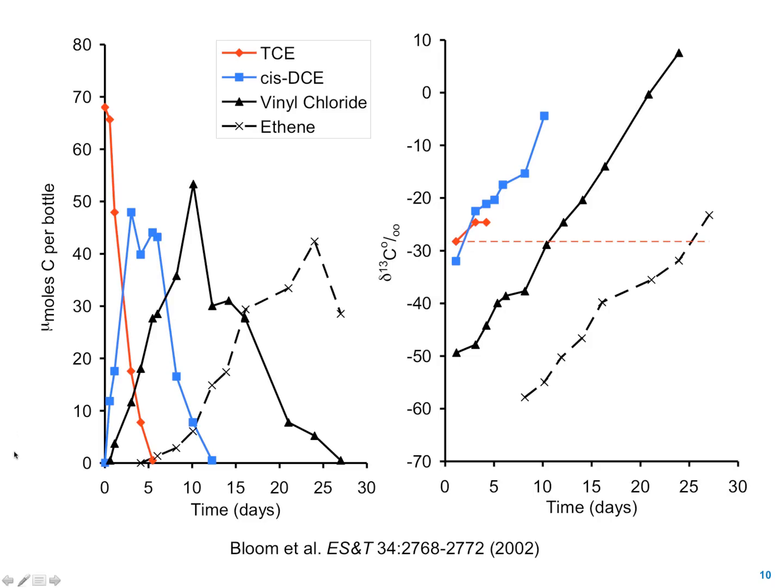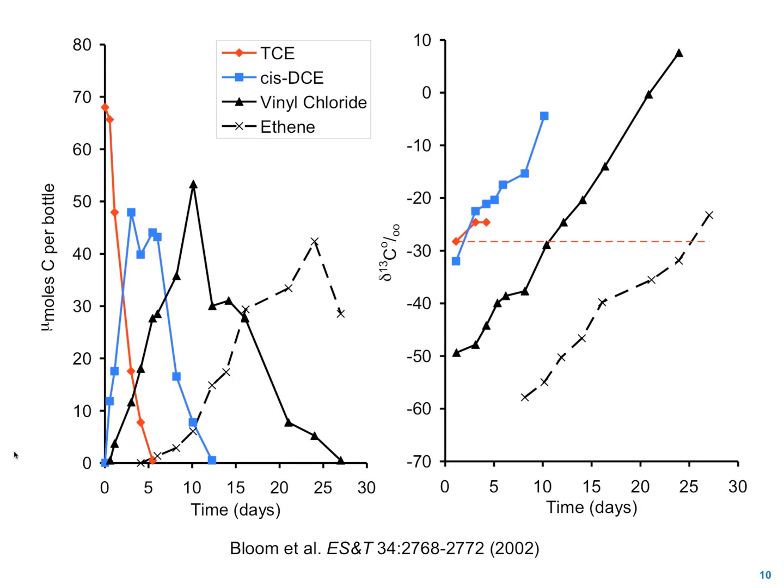On the right-hand side, you have the delta 13C per mil of those four compounds. And you'll see as they degrade, basically it moves up in the figure. The value for delta 13C becomes less negative. It becomes heavier, which is to say that it has more of a higher isotope in the sample.